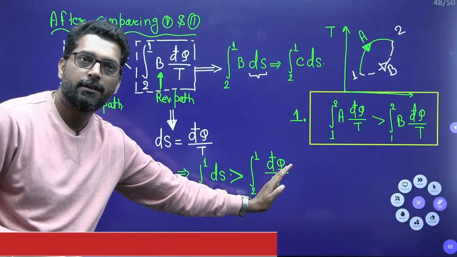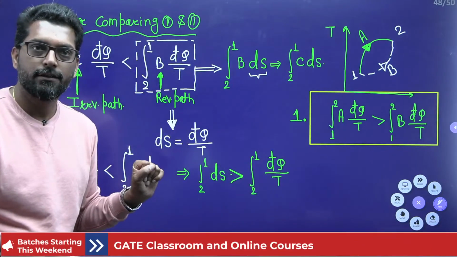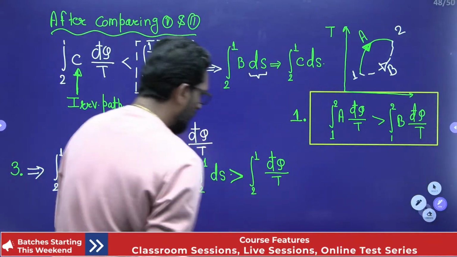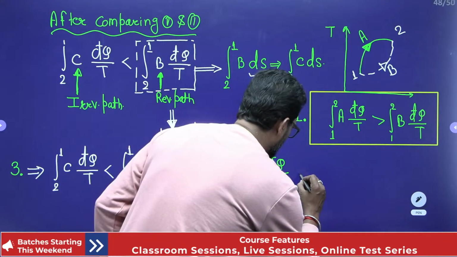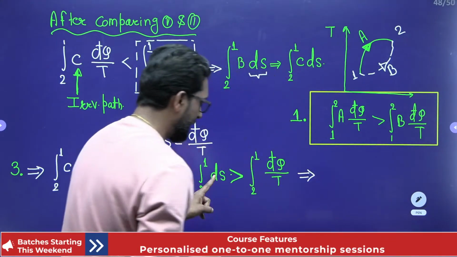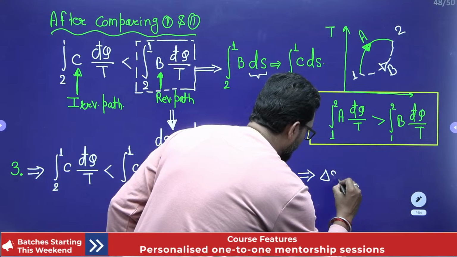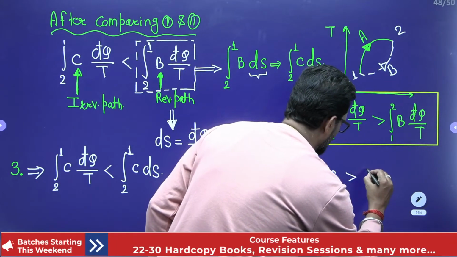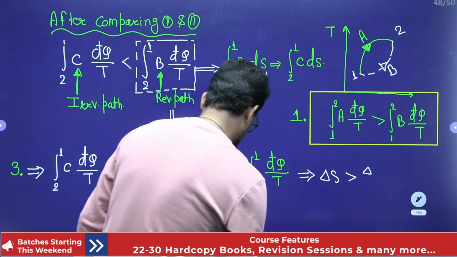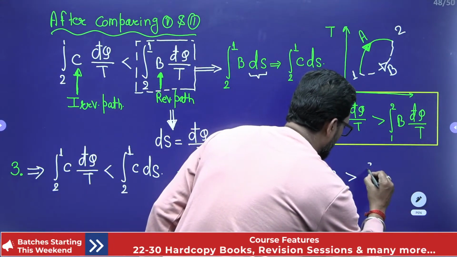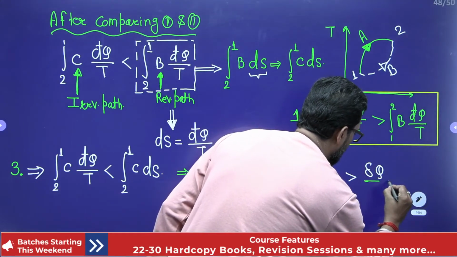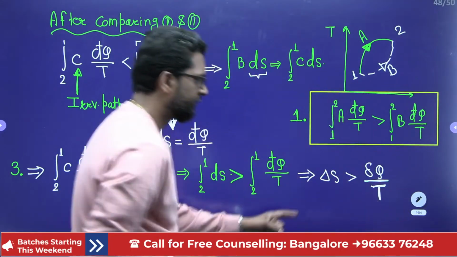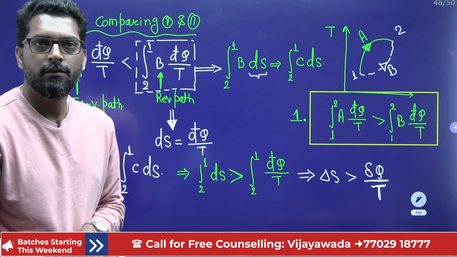Now, if we integrate it, delta S is greater than the integral of del q by t. We can write like that after integration.